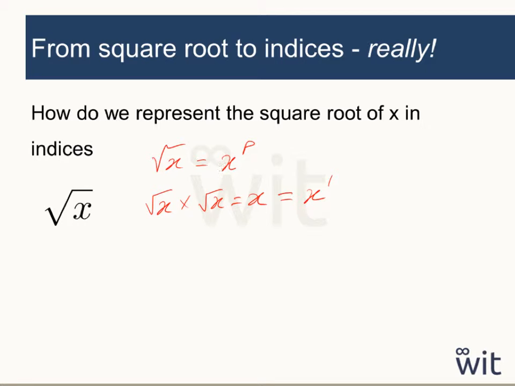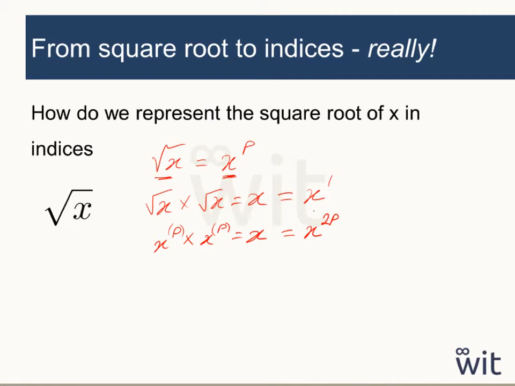So having that, x raised to the power p times x raised to the power p will also be equal to x, which is also equal to x raised to the power 2p. That's because from the first law of indices, this p plus that p will give you 2p.